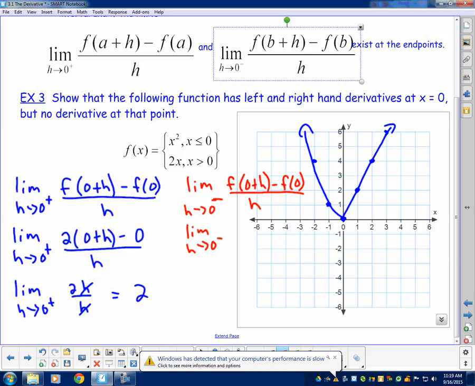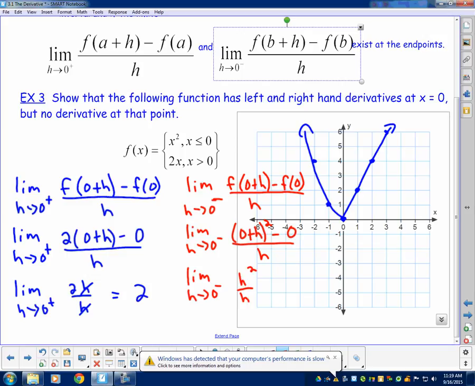So we have 0 plus h we're plugging in here. So it's 0 plus h squared minus 0 over h. Can you tell what the derivative is actually? So this is limit as h approaches 0 from the left of h squared over h.